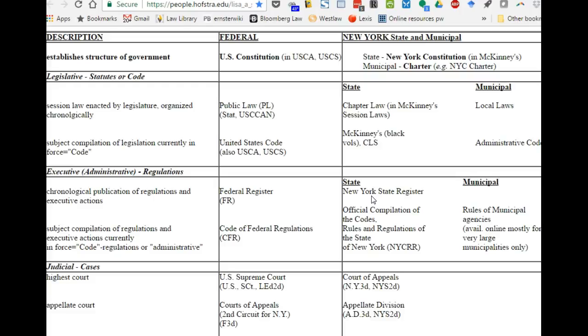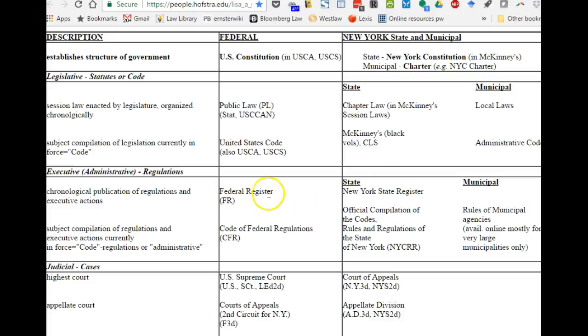I joke about how chapter laws, the state session laws, the names have been changed from federal, so public law, they're called public laws in federal, and there are all sorts of different names in states. Well, in state, most of the time, the equivalent, at least on the chronological initial publication, is going to be called a register. I haven't looked at all 50 states and other jurisdictions to promise you every single time it's going to be called a register, but most of the time it is.